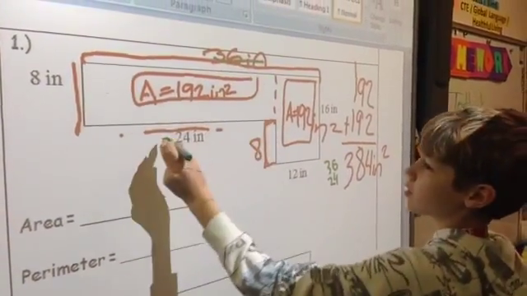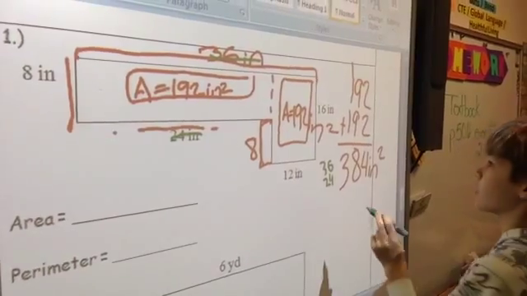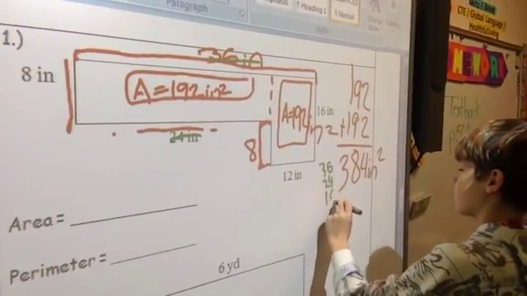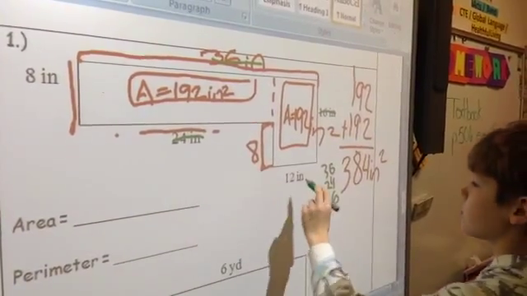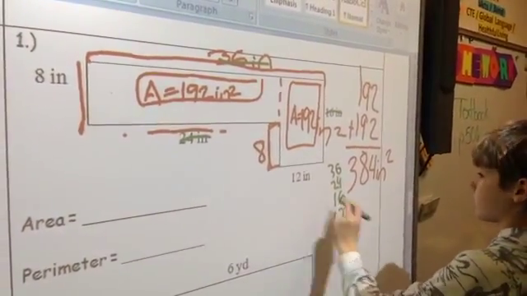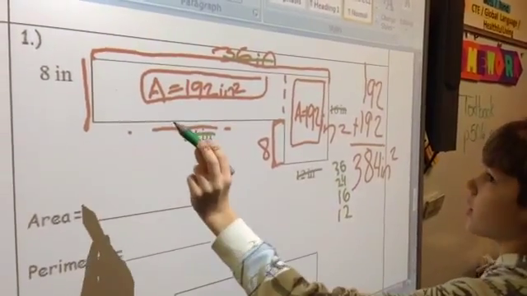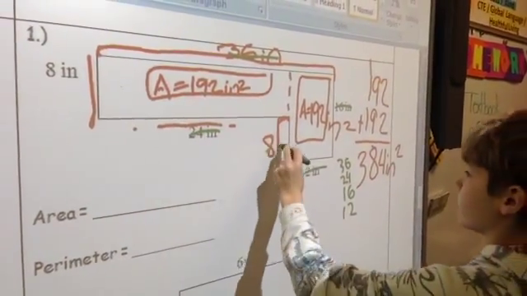And let me cross this out as I go, so I don't accidentally do them twice. And 16 here, 12 here, 8 there, and 8 there, and 8 here.